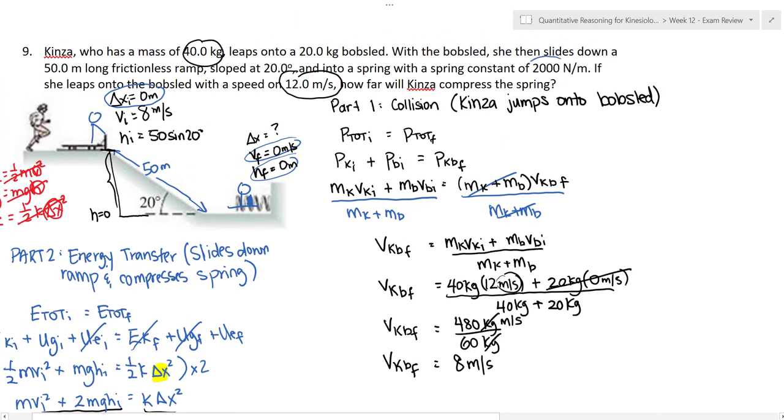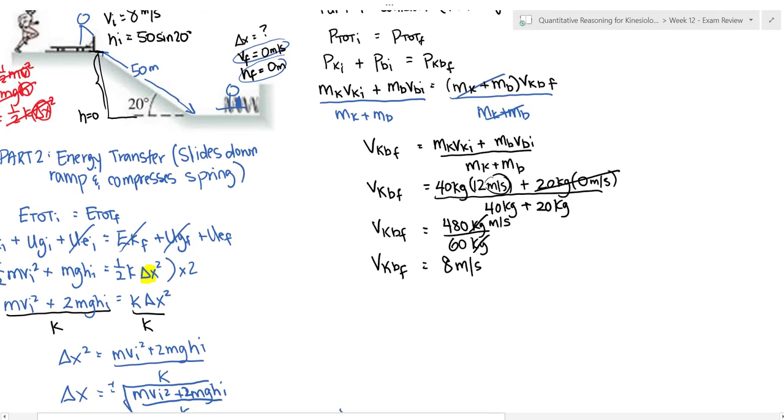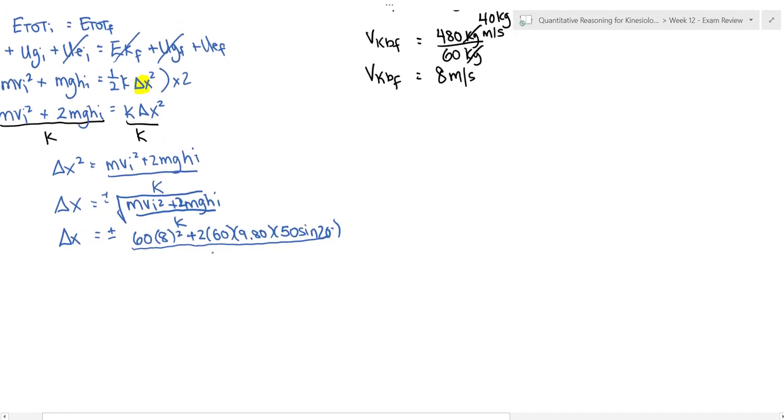The spring has a spring constant of 2,000 newtons per meter, so that's what goes in the denominator here, all in a square root sign. So delta x is equal to, I'm going to type this on my calculator, the square root of 60 times 8 squared plus 2 times 60 times 9.80 times 50 sine of 20 degrees, all over 2,000.